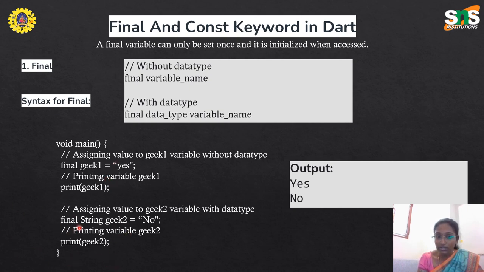Print, colon, semicolon. Each and every line will end with a semicolon. That is most important. Everyone knows it, right? That's why I never mentioned it over here. Okay, these two values will be shown in my output. Okay, you have to try it in the Dart lab. Don't miss it. You have to practice. The coding will be very similar.